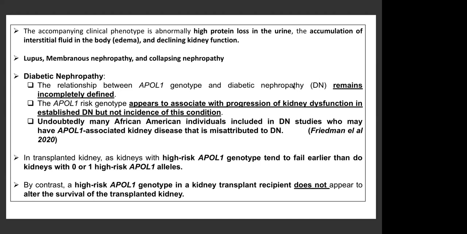But by genotyping, it has been predicted that diabetic nephropathy is not associated with the presence of these risk alleles. The individual who has at least one risk genotype in the heterozygous form has decreased renal function compared to the one who has both alleles.